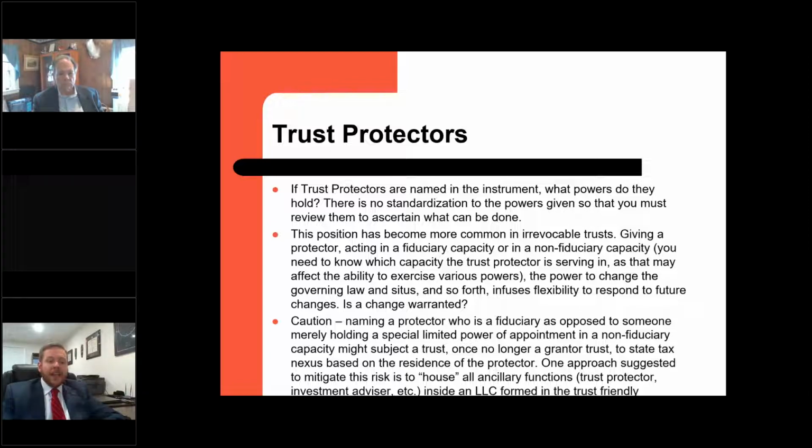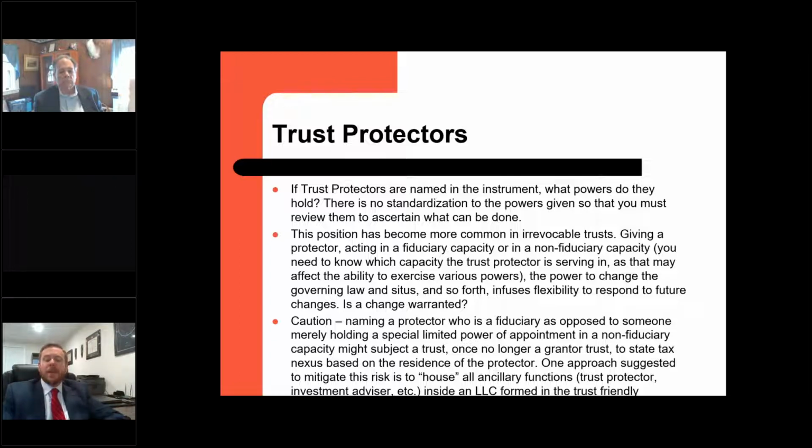You also need to look at whether the trust protector is serving in a fiduciary or a non-fiduciary position in the trust, because different trusts may name it differently. For example, I know Jonathan prefers to have his trust protectors in a non-fiduciary position. We will often put our trust protectors in a fiduciary position. So it's different based upon what the practitioner and the drafter has done for that particular trust.